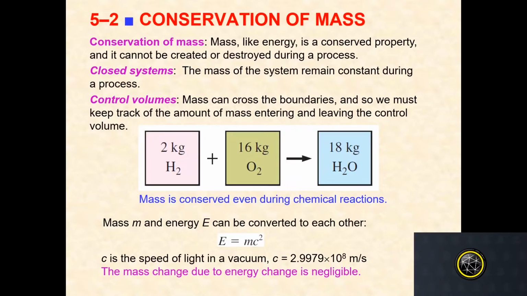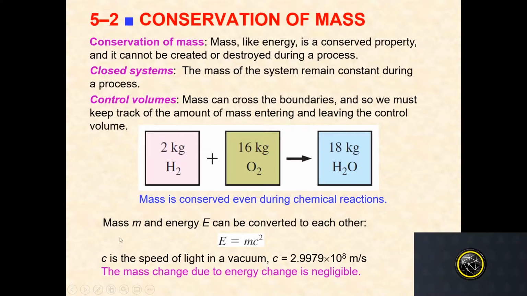So conservation of mass: mass is like energy. It is a conserved property, and it cannot be created or destroyed during a process. A closed system is where the mass of the system remains constant during a process. Differently for control volumes, the mass can cross the boundaries, so we must keep track of the amount of mass entering and leaving the control volume.